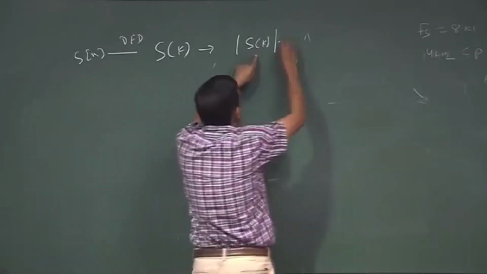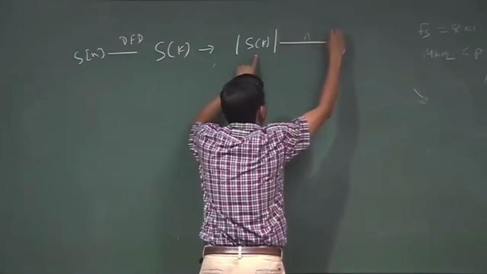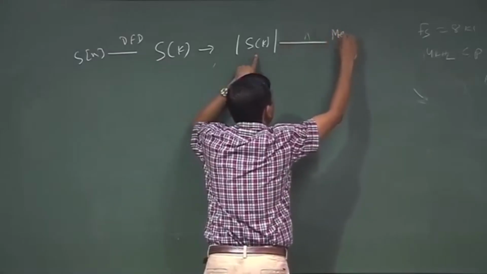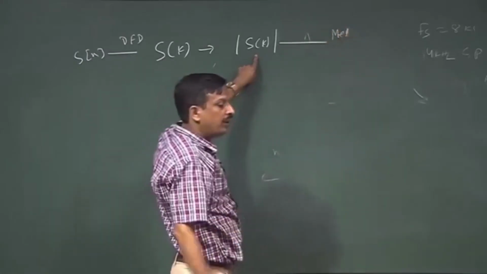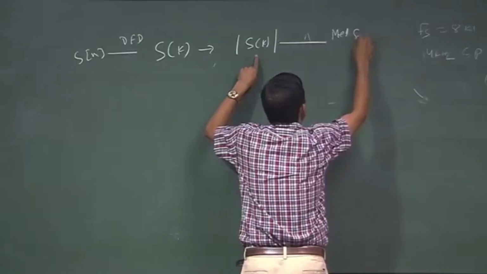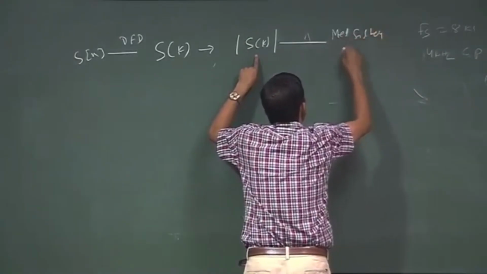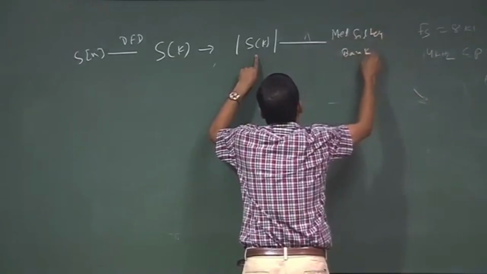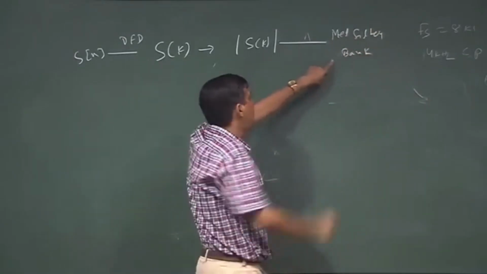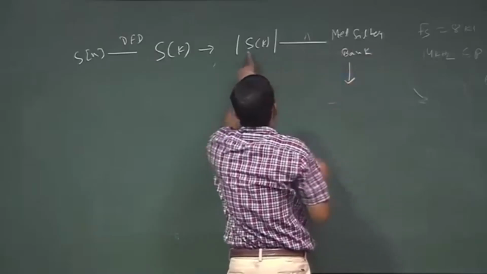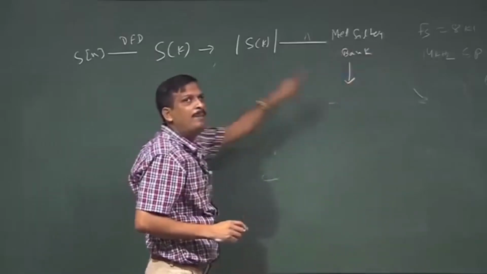Now, I work the frequency scale in mel scale, or you can say I pass it through the mel filter bank. When I pass it through the mel filter bank, I get the same spectrum, but in mel scale.